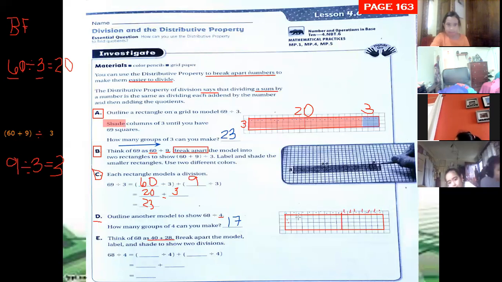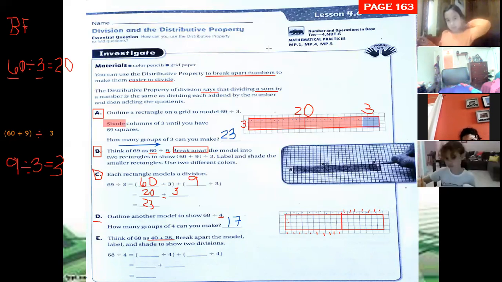In the first part will be 10. 1, 2, 3, 4, 5, 6, 7, 8, 9, 10. Here will be 10. In the second part will be 7. Break apart the model like that, please. Now we're going to color.